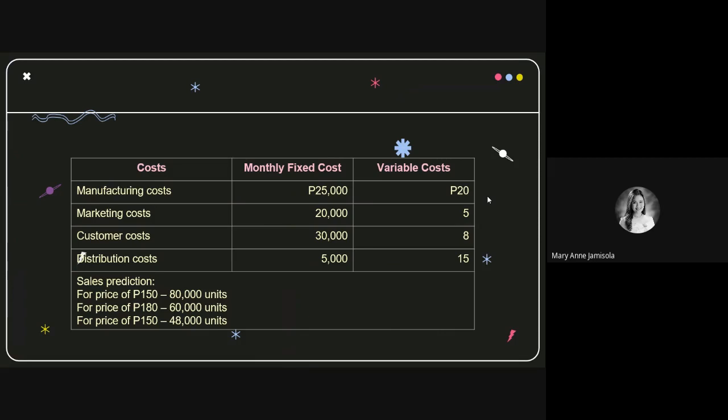So let's look at an illustrative case on life cycle costing and pricing. The company here has introduced a new phone, a very small phone that can be carried in a wallet.